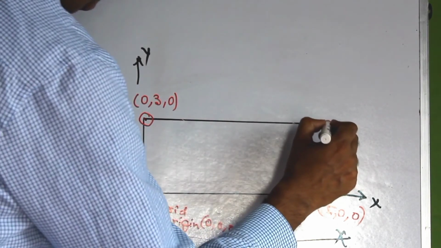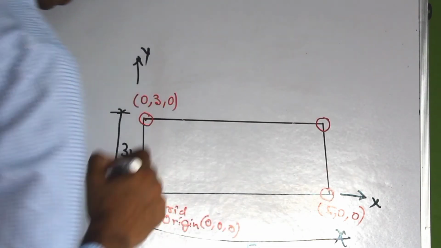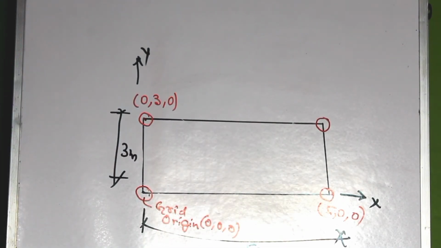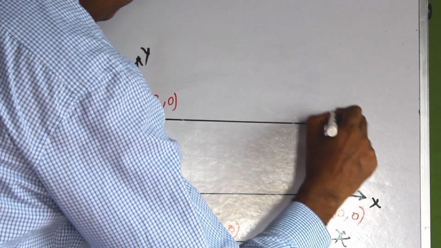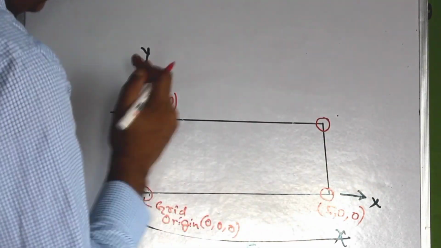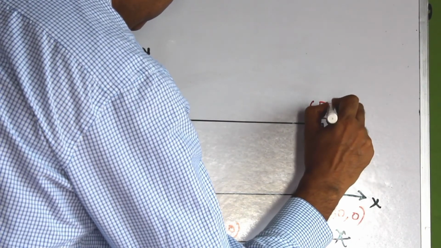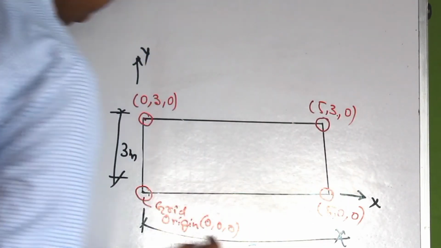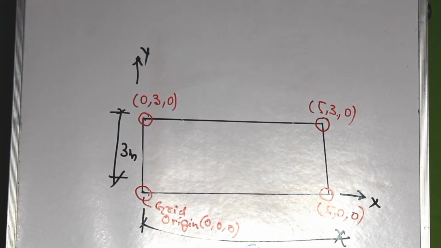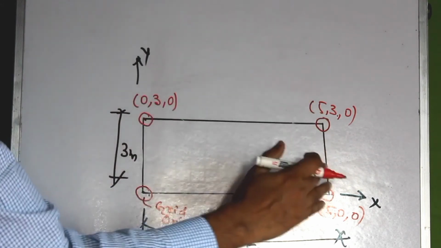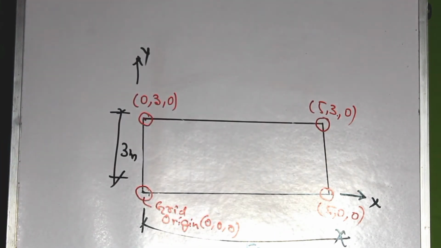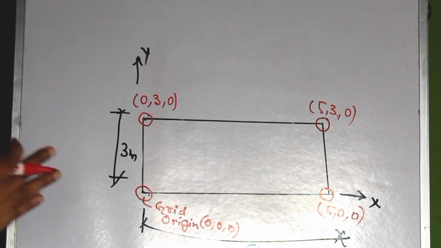Similarly, what would be the coordinates of this particular point? It is 5, 3, 0. Now you can see that all the corners of the construction grid have the coordinates of the nodes of that goalpost frame.